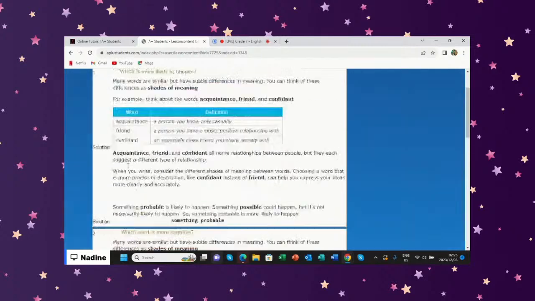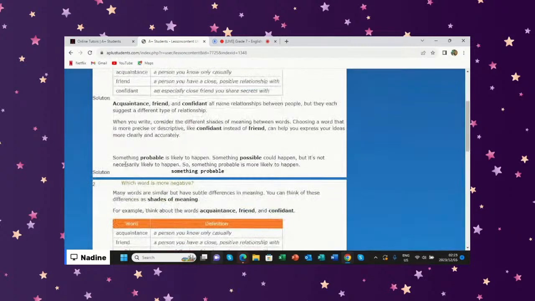All right. So if we look at this example over here also, it says something probable is likely to happen, right? So if something is likely to happen, then we use the word probable, meaning it will probably happen.